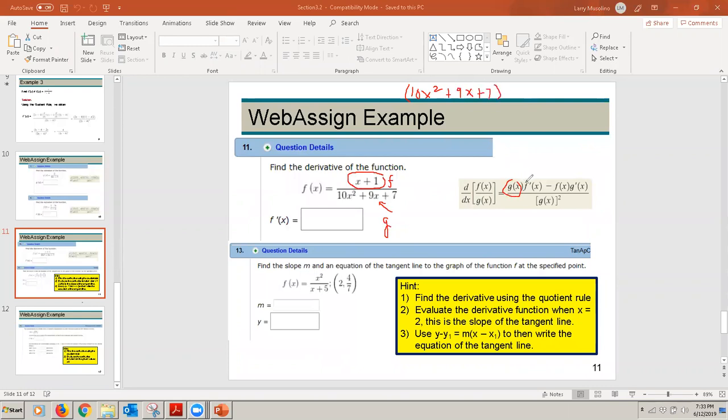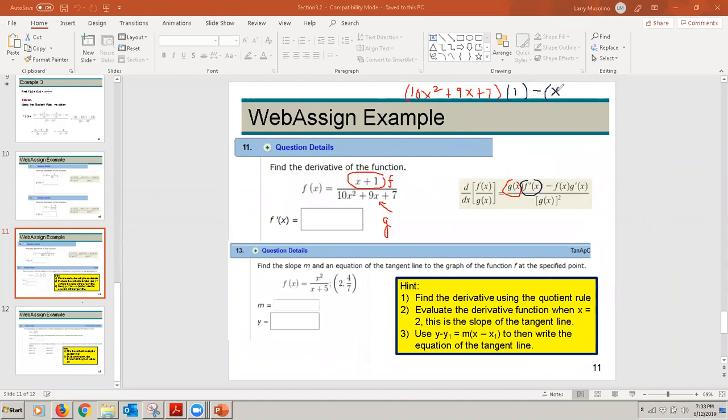Okay, now I need f prime. That's the derivative of the top, but the derivative of x is just 1, and the derivative of that 1 in the back, that's just a constant. So the derivative of a constant is 0. So this is just going to be a 1, minus f of x.